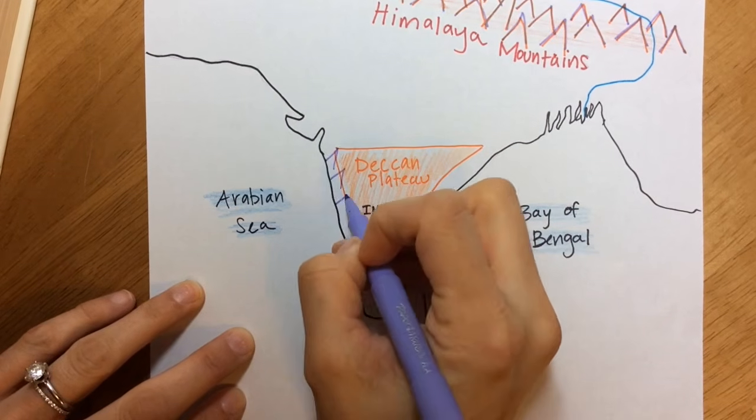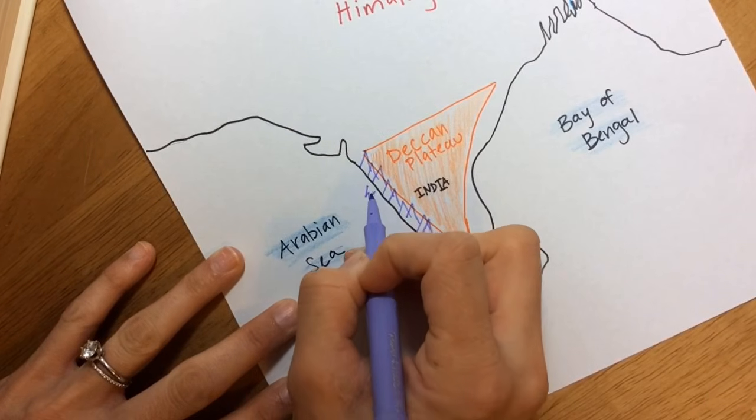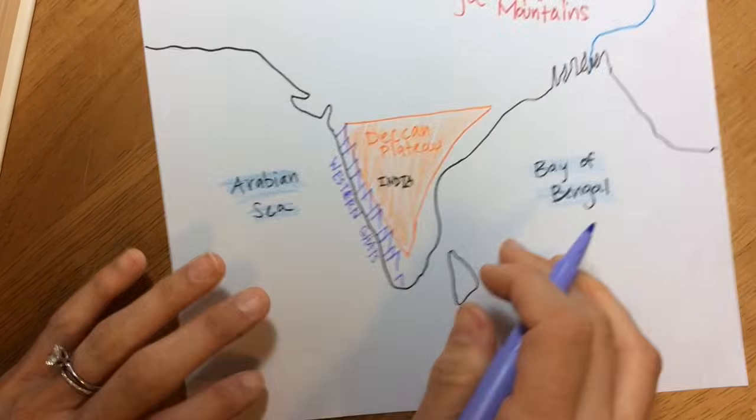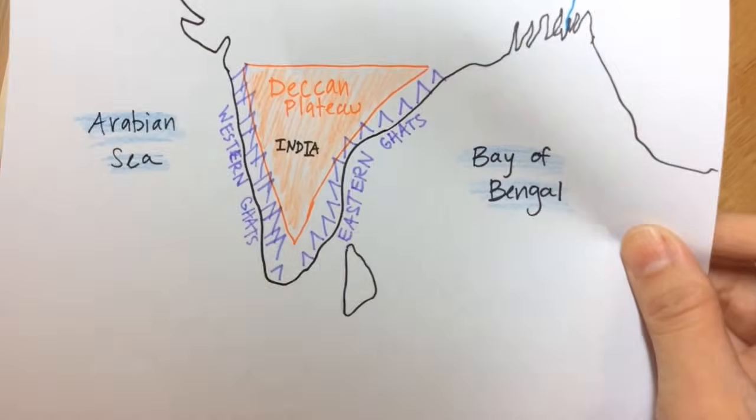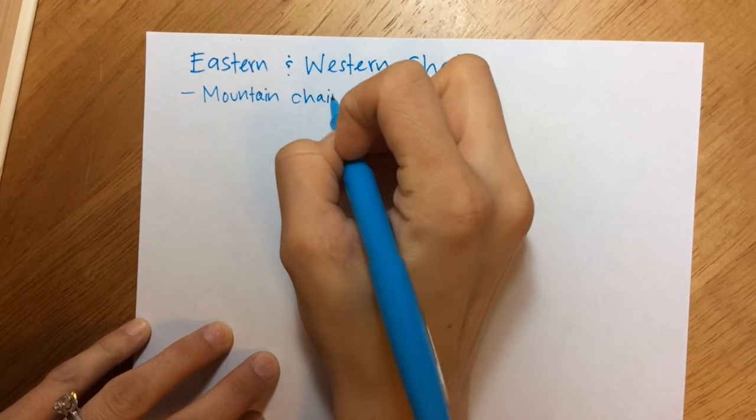Now, on to the Eastern and Western Ghats. These are mountain chains near the coast of India. They are named as such because of the coast that they are near. When seen from above, the Ghats form a large V, which is where the Deccan Plateau lies.